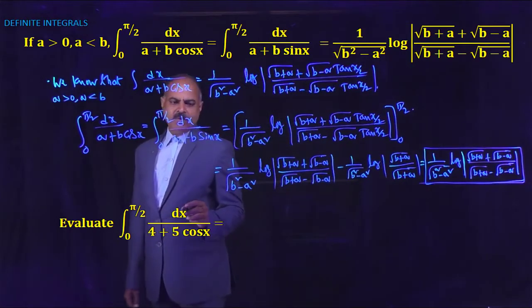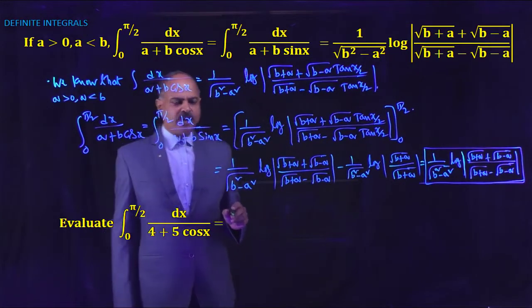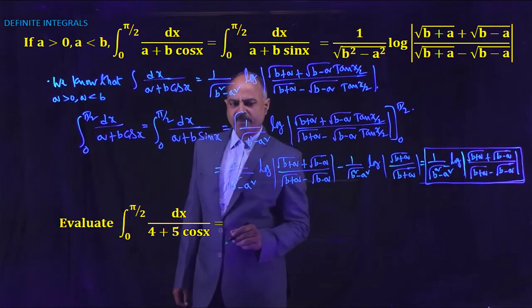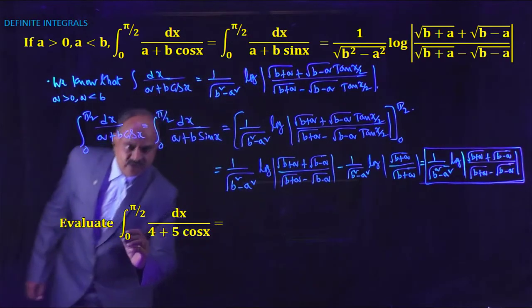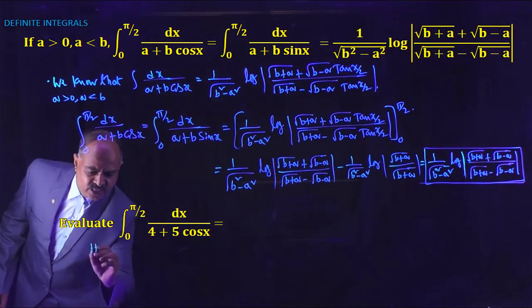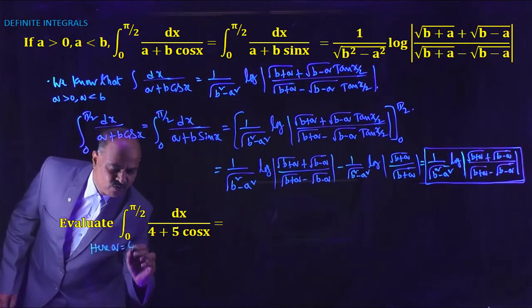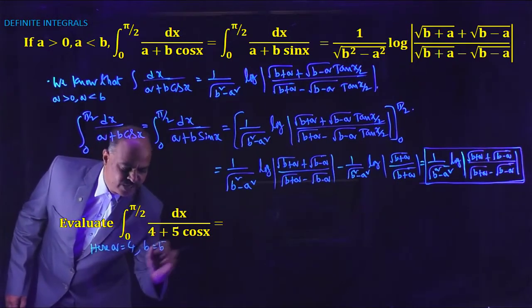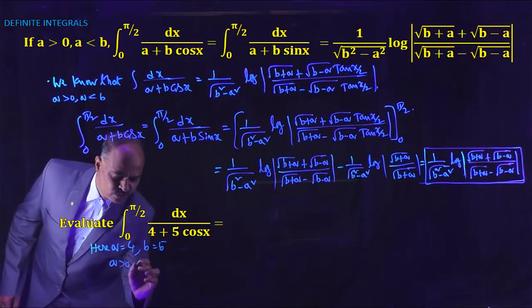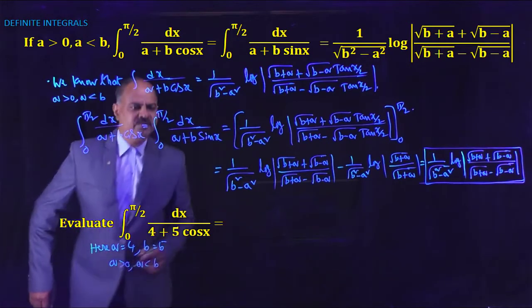Suppose for example, evaluate integral 0 to pi by 2 dx by 4 plus 5 cos x. So here a is equal to 4 and b is equal to 5, so a is greater than 0 and a is less than b.